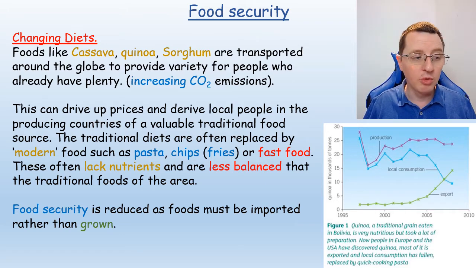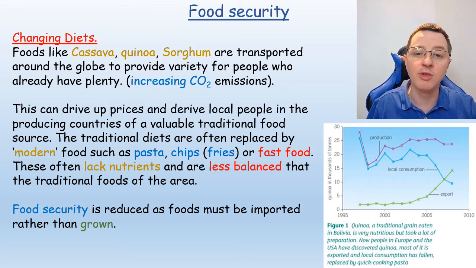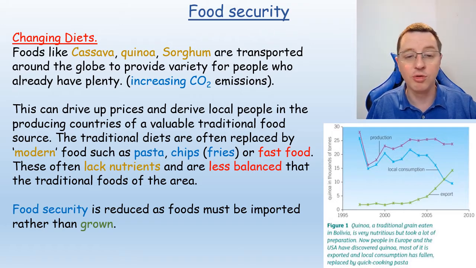But in the local economies in the producing countries, this will also drive up prices and deprive local people of valuable traditional food sources. The traditional diets are often replaced by modern foods such as pasta and chips and fries, or fast foods, and they often lack nutrients and are less balanced than the traditional food sources of the area. So food security is reduced as foods must be imported rather than grown.